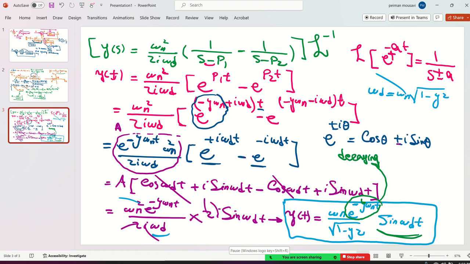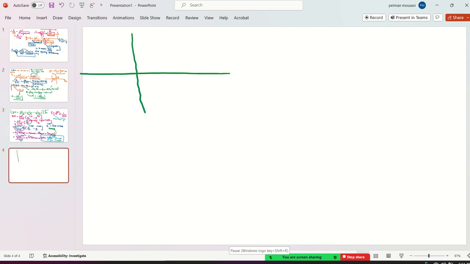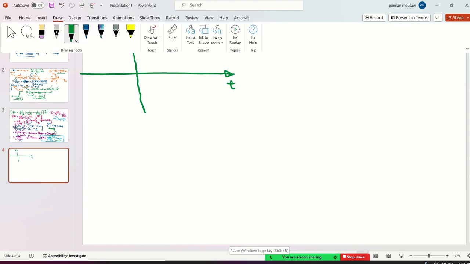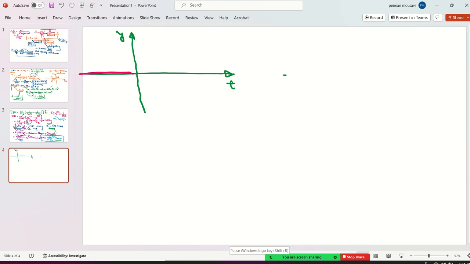So, can I go to the next page? Everybody? Good. So if I want to plot it, shortly I'm going to show it in Simulink. y(t): the input to the system was an impulse, a huge force.